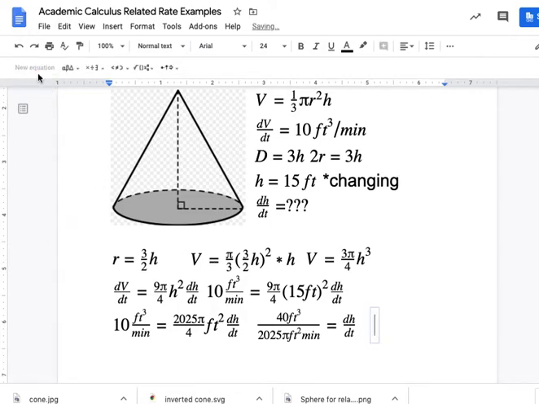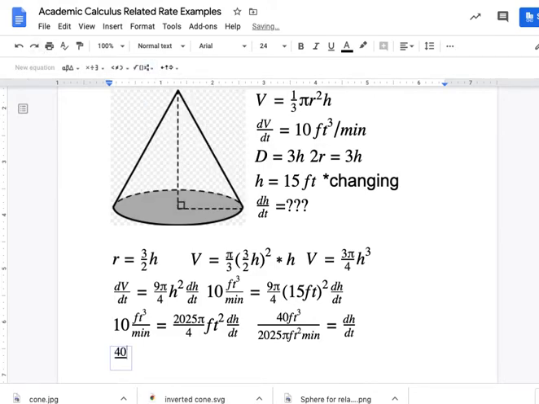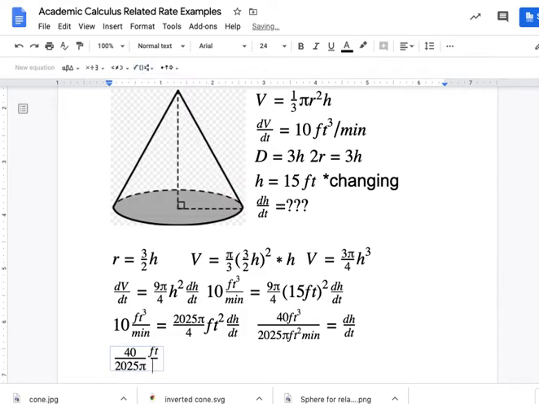That's going to leave us with the fraction 40 over 2025 pi, and that will reduce when we're done here. Our units have canceled. We now have feet per minute equals dH dt. If we're going to reduce this, they're both obviously going to divide by 5.